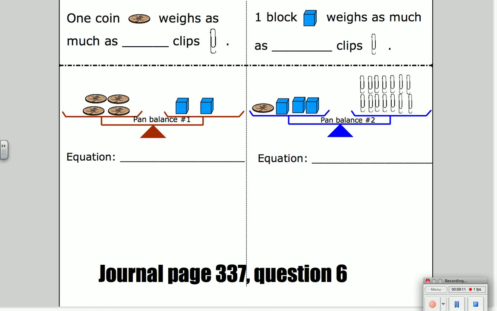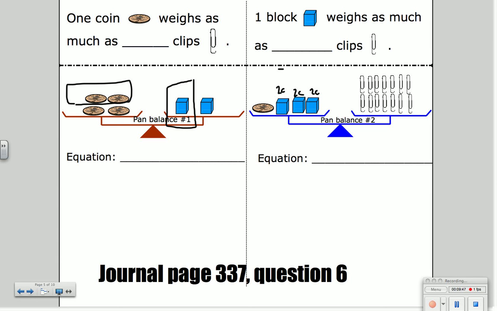So I think the first thing that I want to do is turn blocks into coins. Well, let's see here. I can see that I'm going to use pan balance 1, I think, to start. If I split pan balance 1 in half, I can see 1 block is the same thing as 2 coins. So that means I would have 2 coins for each of these blocks over here if I substituted it. So that means 2, 4, 6, 7 coins.